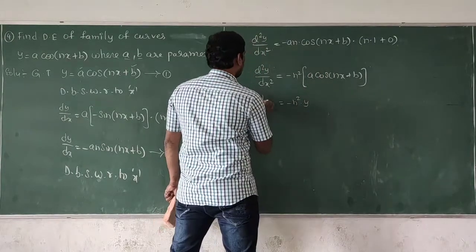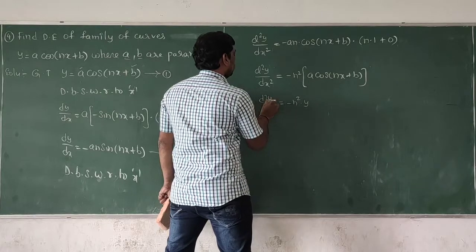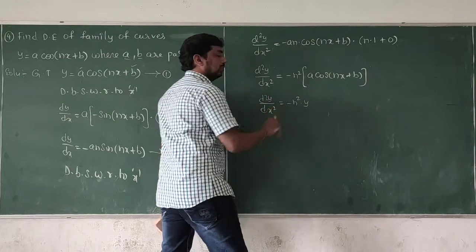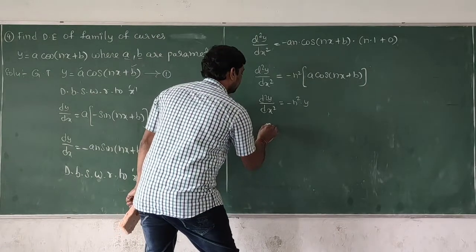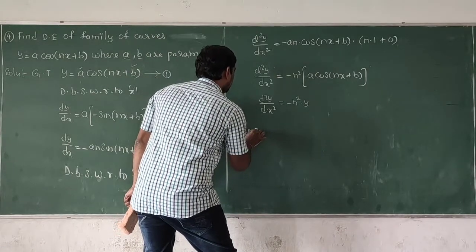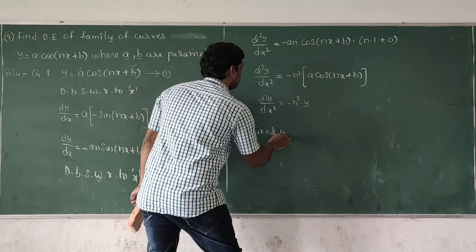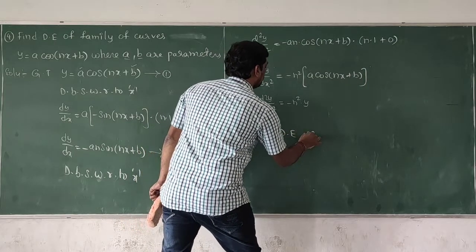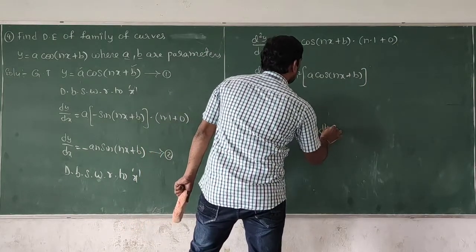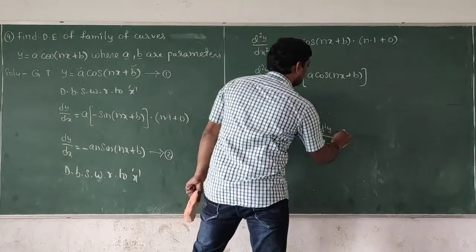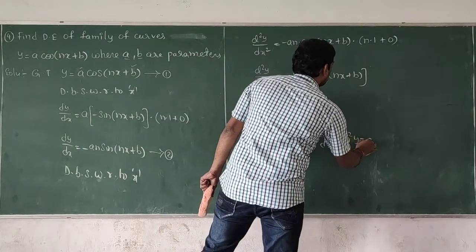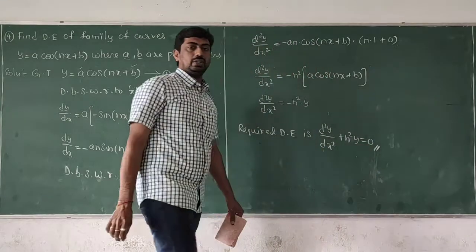So d square y by dx square equal to minus n square y. Minus n square by taking to the opposite side, plus. So the required differential equation is d square y by dx square plus n square y equal to 0. That's the end of the solution.